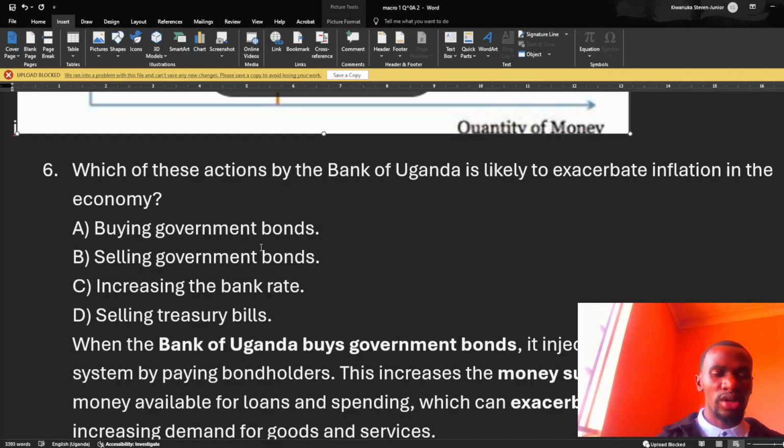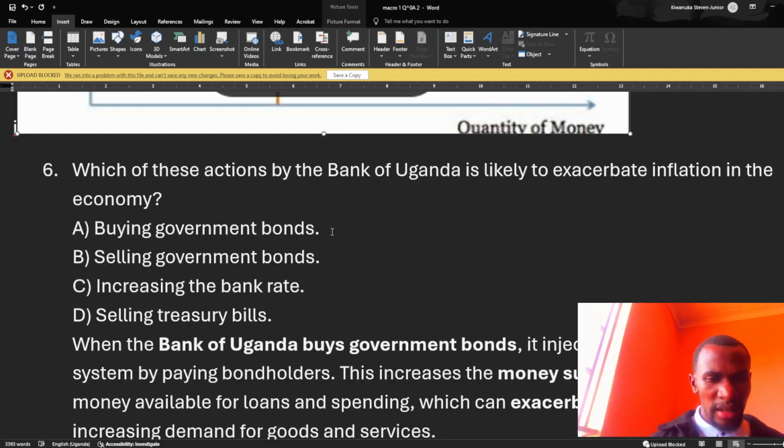Imagine on this question that you are the bank. If I'm the Bank of Uganda and I'm buying government bonds, it means I'm giving out money. Already there is inflation, but I'm buying. That means I'm giving out money.